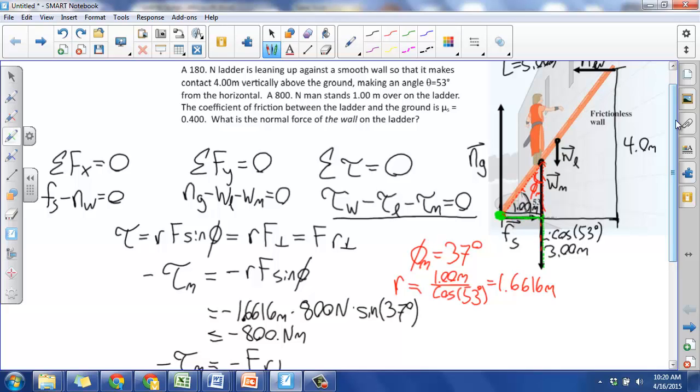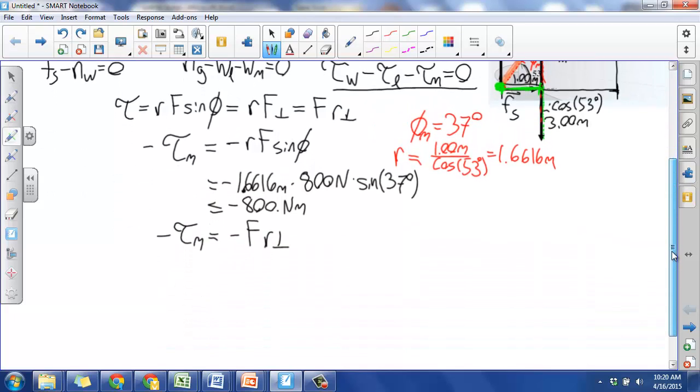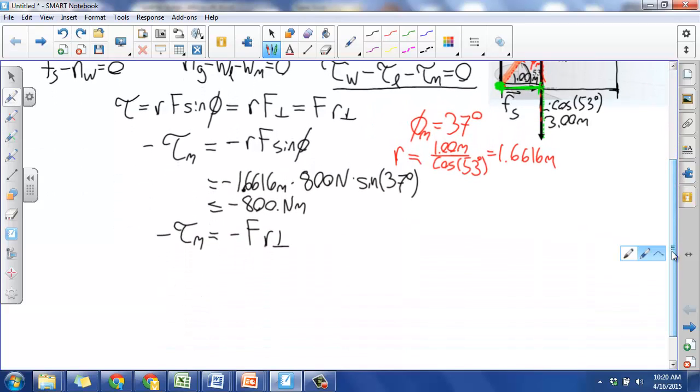So this distance right here is R perpendicular. Well, what is that equal to? That's 1 meter. So this is equal to negative 800 newtons times 1 meter. Negative 800 Newton meters.